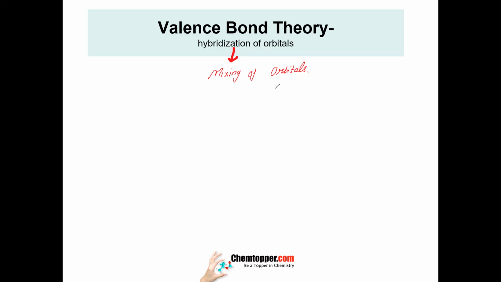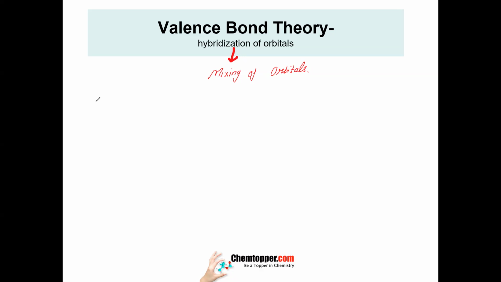You mix all the orbitals and make a paste. If tomatoes are more, the taste and texture of tomato will be more. If potatoes are more, then the taste and texture of potatoes will be more. Same here. If the s orbital is more, or if the p orbital is more, based on that, they will acquire a particular shape. So we'll understand mixing of orbitals.